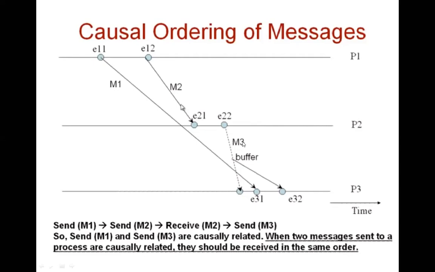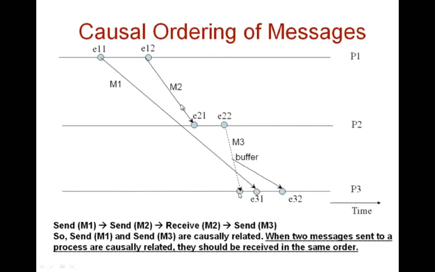It means this M1 is causally related to M3. If M1 is causally related to M3, the recipient must receive M1 first and then it must receive M3, because M1 has happened before M3. So the time stamp at which process P3 receives M1 must be less than the time of receiving of the message M3. But what is happening here at this event E22, the M3 message is going to be received by the process before it receives M1.